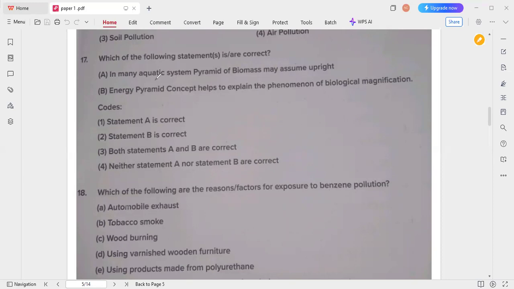So B is correct, but A, that is, in many aquatic systems the pyramid of biomass may assume upright. Usually the pyramid of number in a grassland ecosystem is upright. So that's why A is not correct. Statement B is correct. Option 2 is the correct answer. Okay, so now move to the next question.